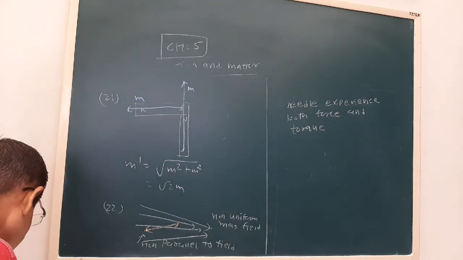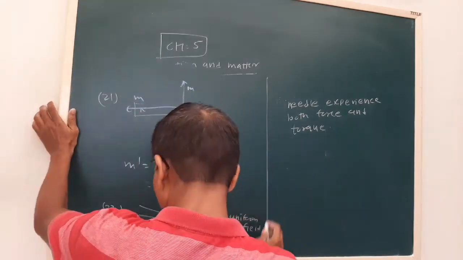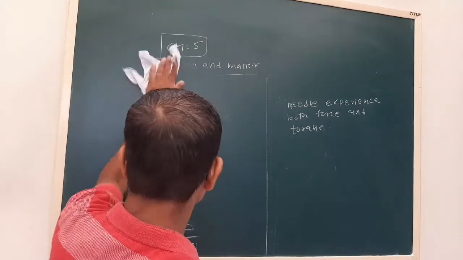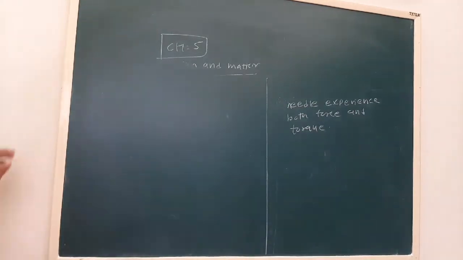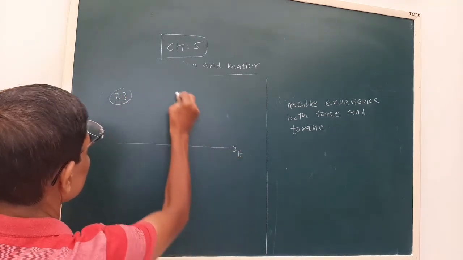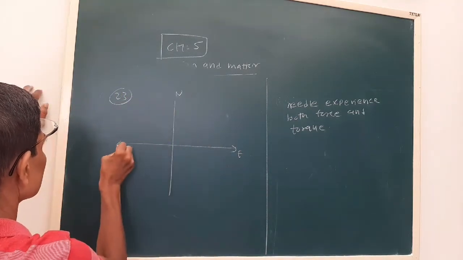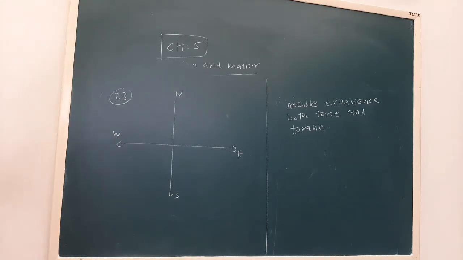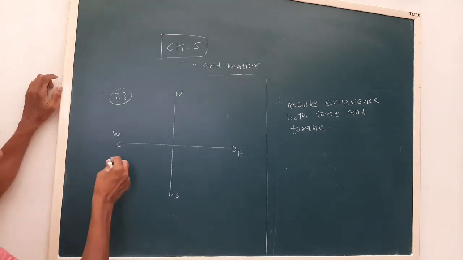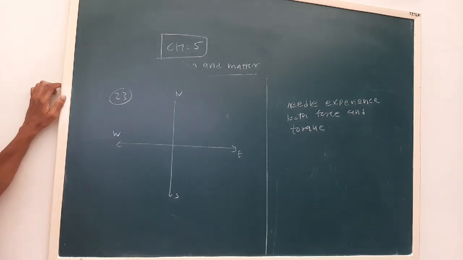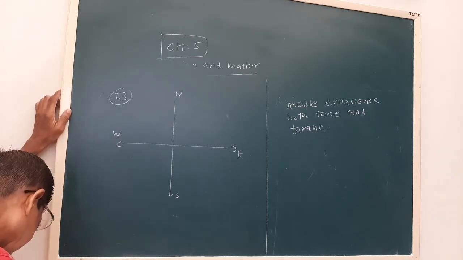Now, see, MCQ number 23 is interesting. A steamer would like to move in the direction making 17 degrees south with the west. Okay, that is 17 degrees.